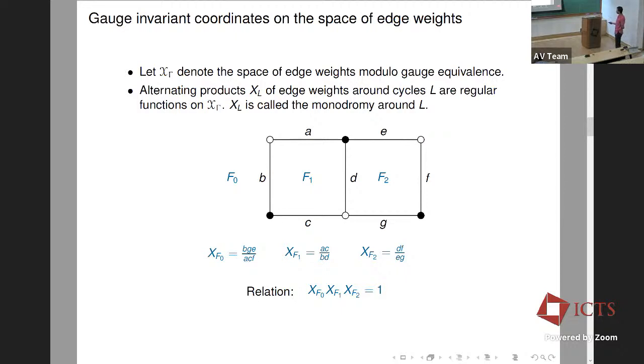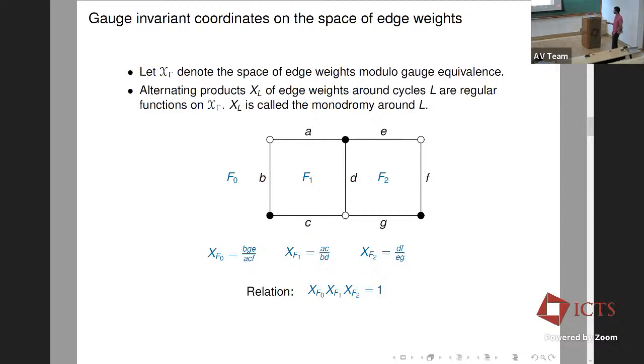X f0 is also defined in the same way, except I think the outer face is oriented like this. Let's see, so we are going this way around the face. So it's B divided by A times E divided by F times G divided by C. Yeah, it's bipartite, right?